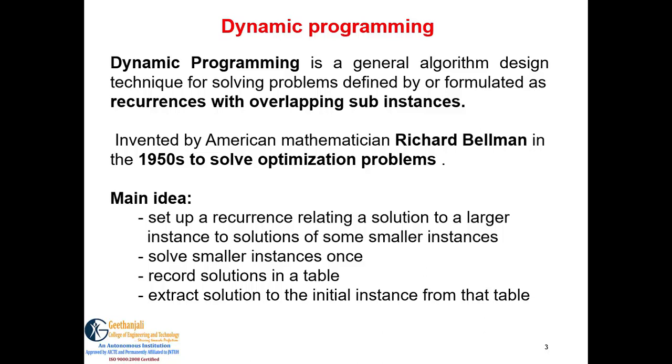The main idea is to set up a recurrence relating a solution to a larger instance to solutions of some smaller instances, solve the smaller instances once, record the solutions in a table, and extract the solution to the initial instance from the table.